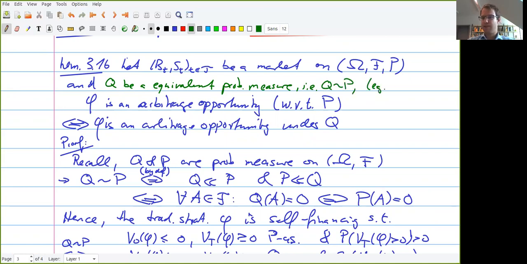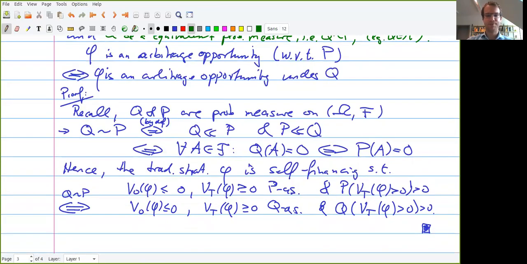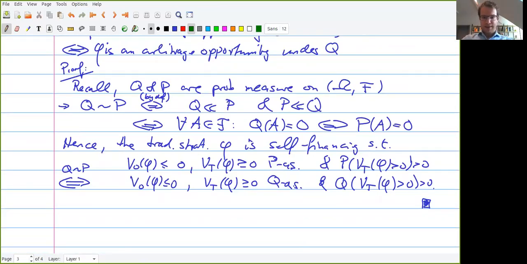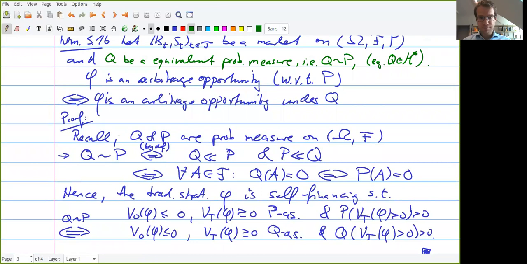For example, the main measures we are considering: Q is in this set M star of equivalent martingale measures. But as you see here in the proof, this is not needed for the proof, or for the statement of the lemma. All right.